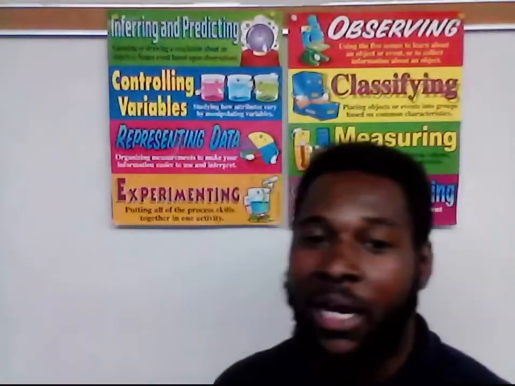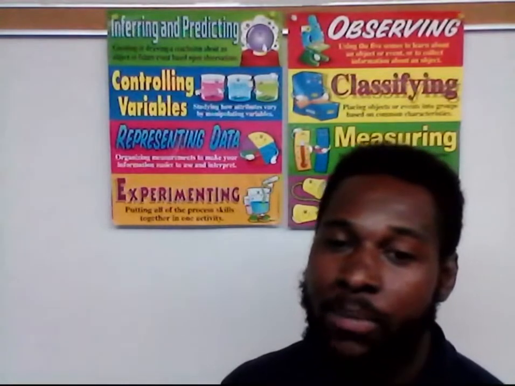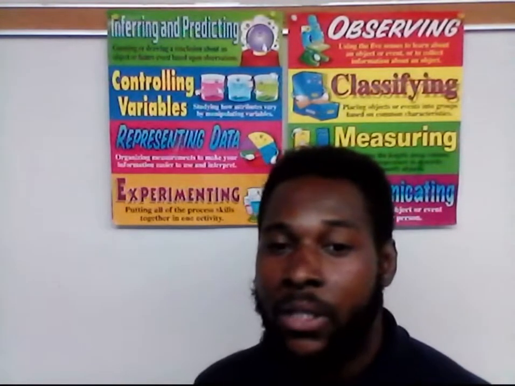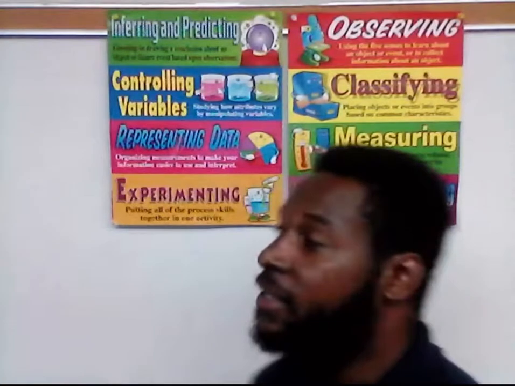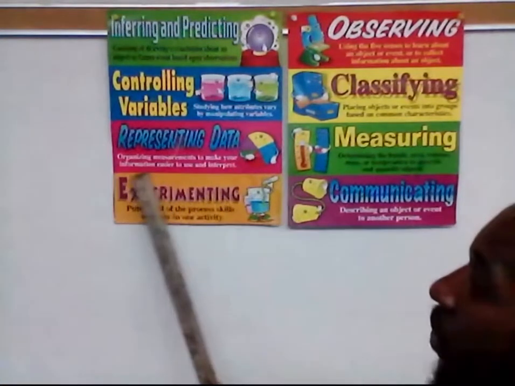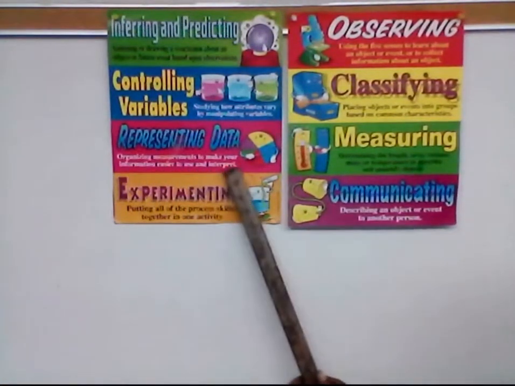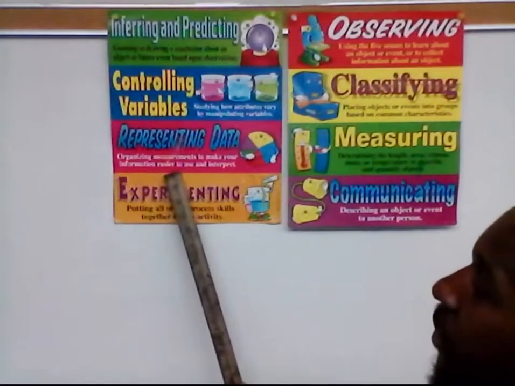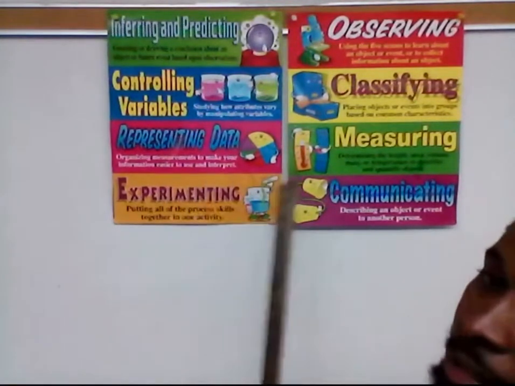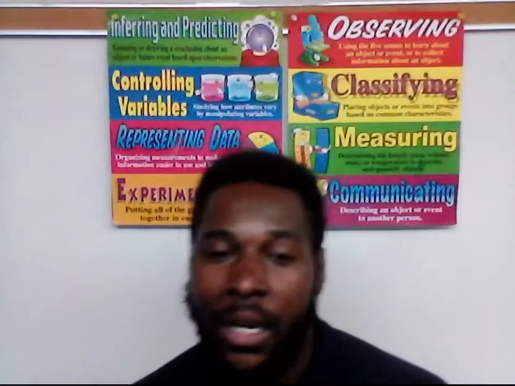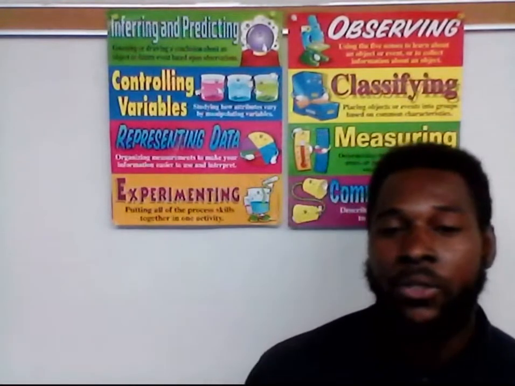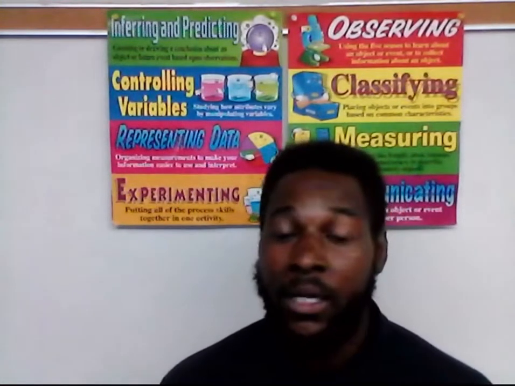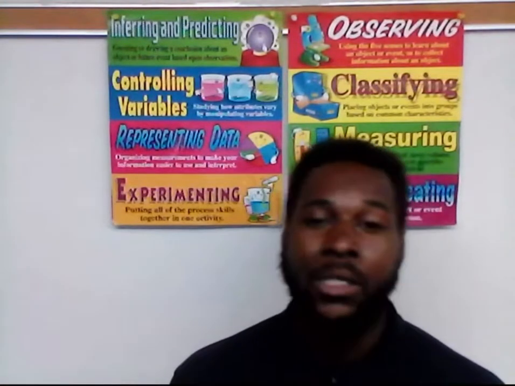It wants you to be able to see me and hear my voice over time. So that is us representing our data. You're organizing your measurements to make your information easier to use and interpret. This is a lot easier to use. You can use my information because you can press stop, then you can press play.